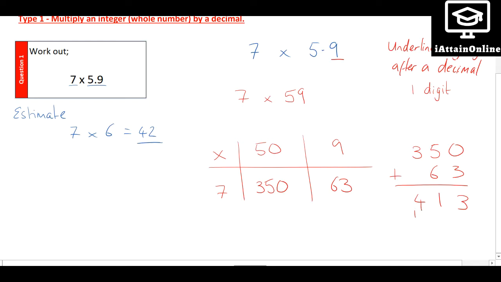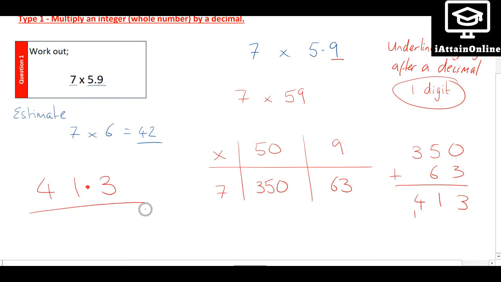Now, remember at the start we said our answer had to have exactly one digit after the decimal point. So I need to write 413 out, but if I put my decimal point here, for example, then there would be 3 digits after the decimal point. If I put it here, there'd be 2 digits. Remember, I wanted exactly one digit after the decimal point, even if that 3 were a 0.